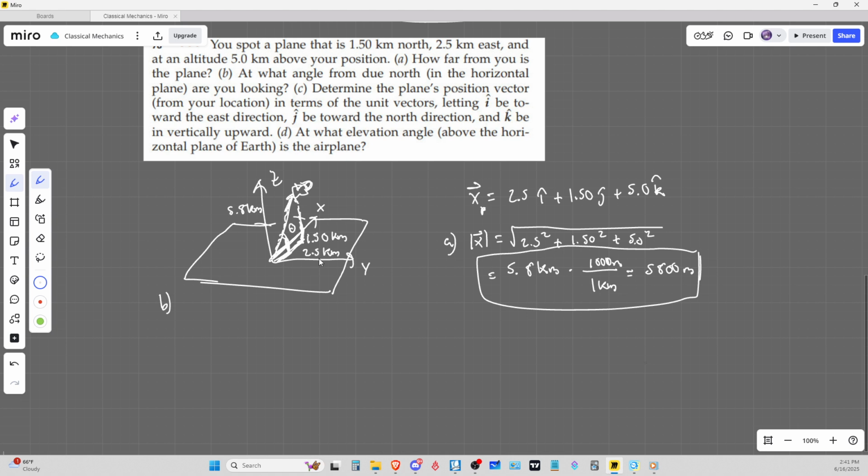Meaning we have to rely on the first two here, so sine and then cosine. That should give us the theta we want here.